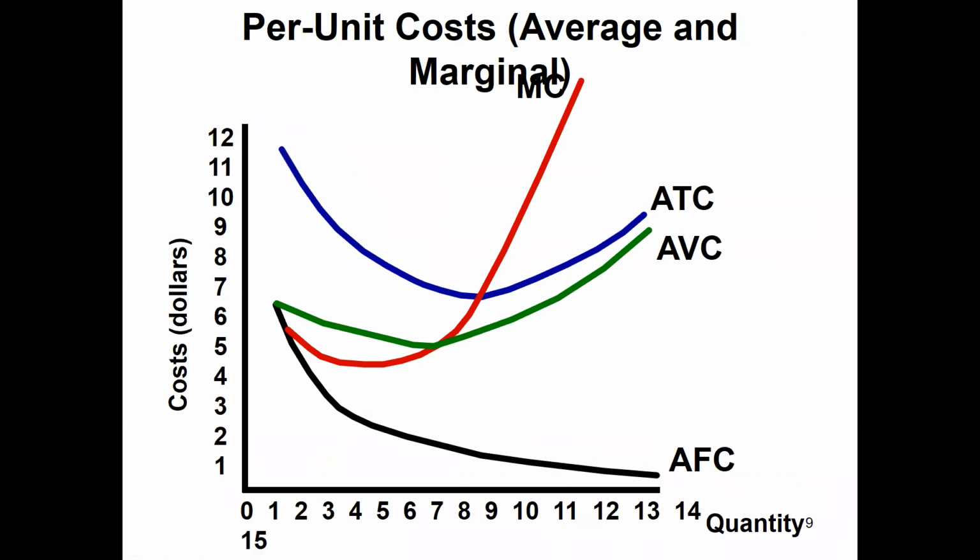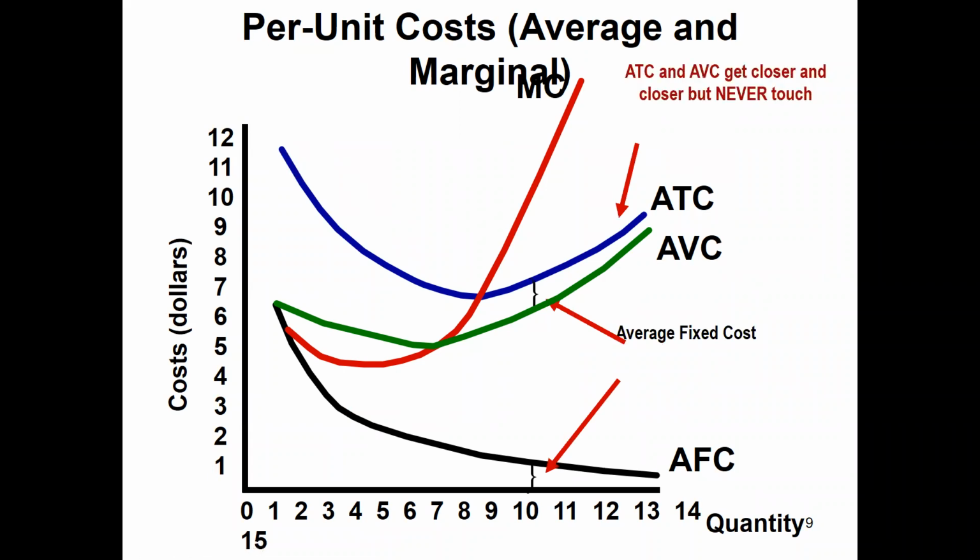All right. I just wanted to quickly go over all these cost lines. You guys know from graphing, you don't see the AFC line. Average variable cost is the green. It's always going to be below average total cost. The space in between them is average fixed cost. And then you have average total cost.